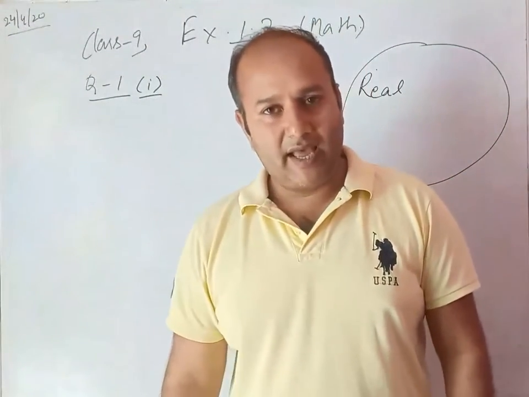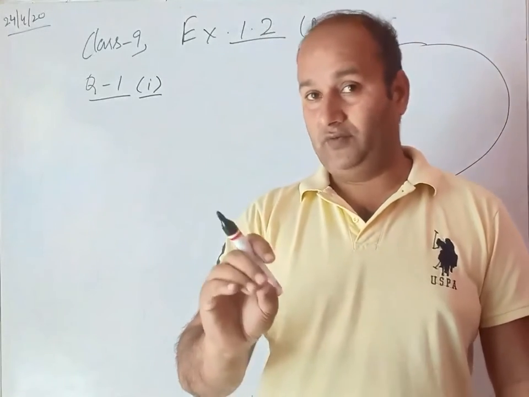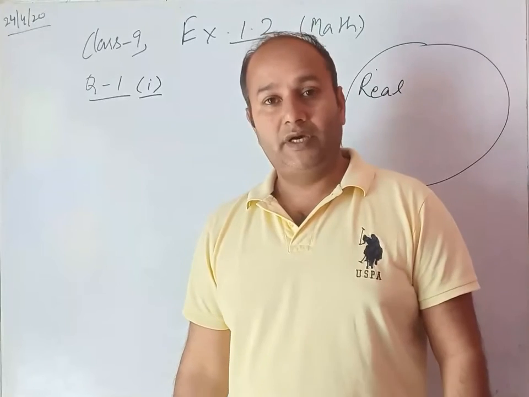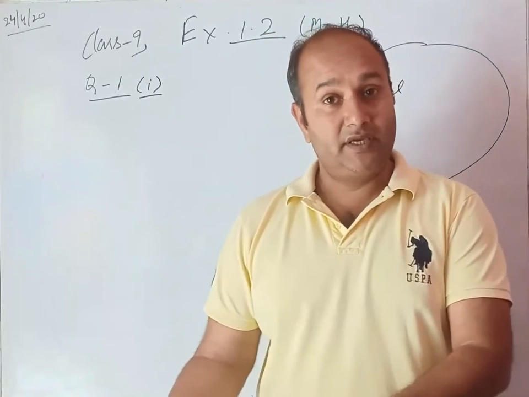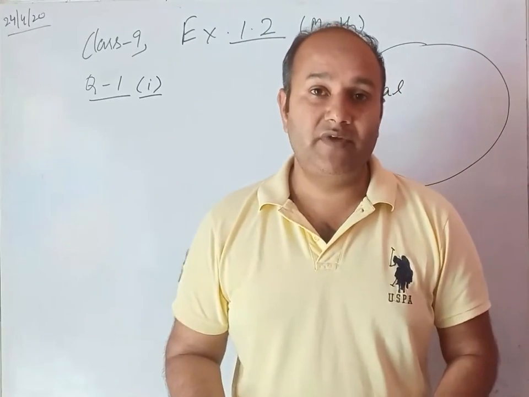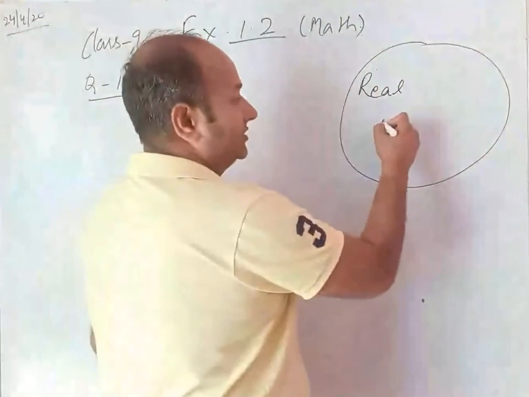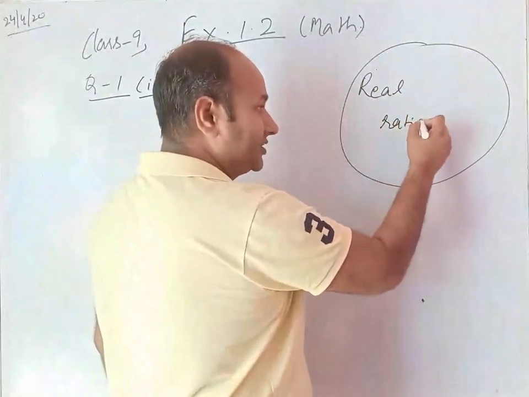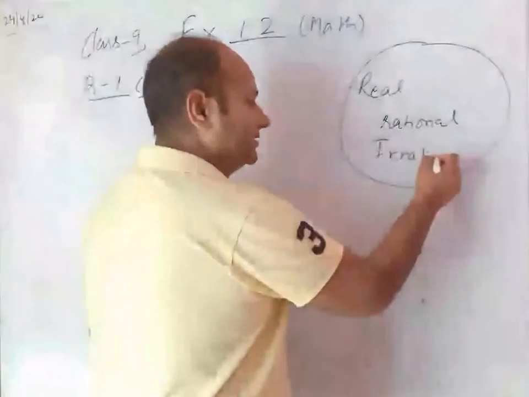In this world there are only two types of numbers, rational and irrational. If we combine rational and irrational numbers, then we have real numbers.